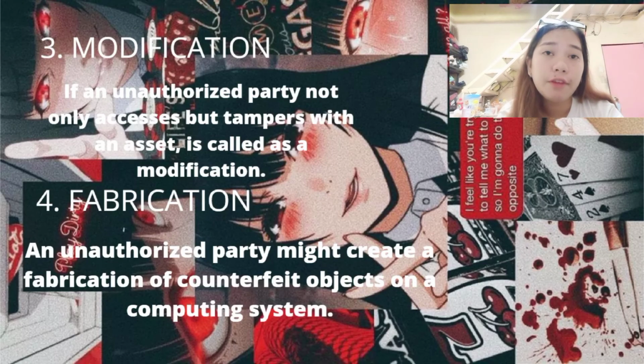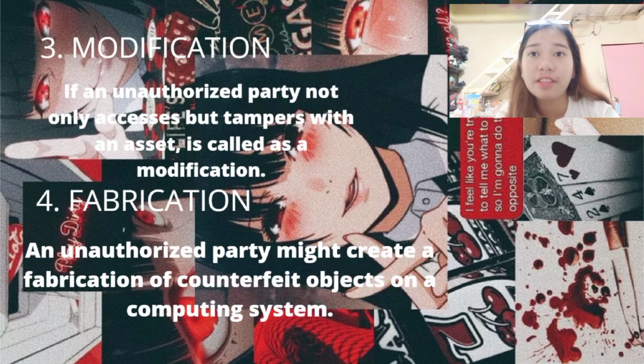Modification. If an unauthorized party not only accesses but tampers with an asset, it is called a modification. This intruder may insert spurious transactions to a network communication system or add records to an existing database.